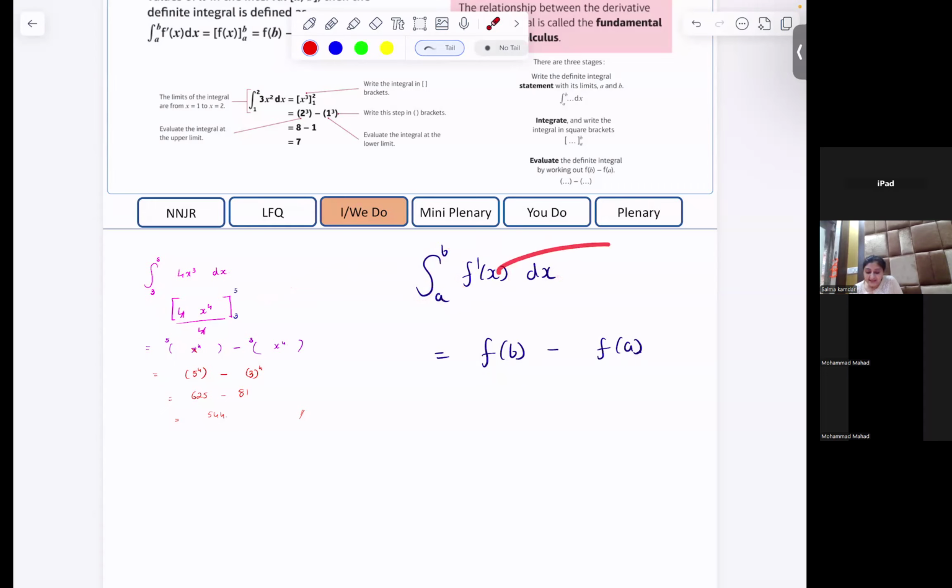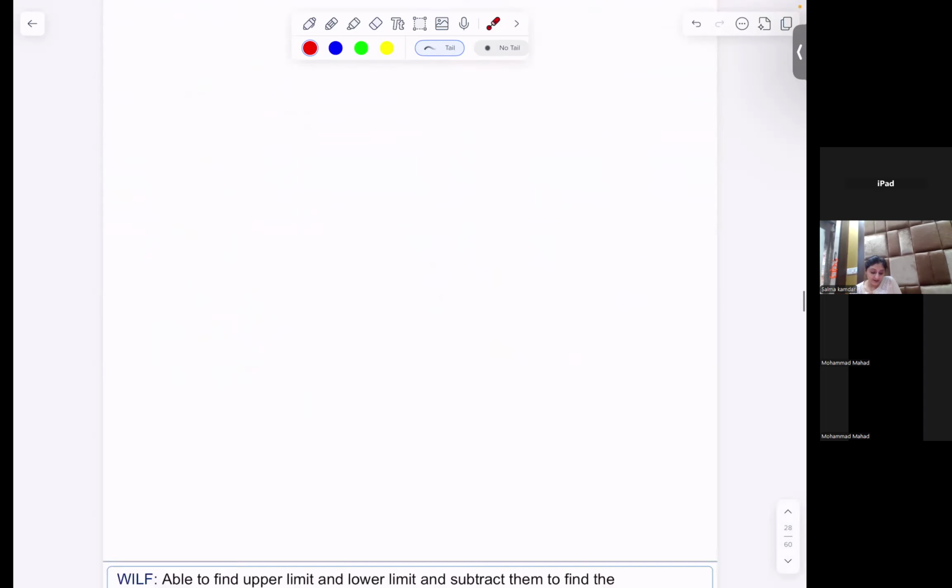When I integrate this, what am I going to get? F of x. I'll get the function. So it would actually be f of b minus f of a. Are you with me?